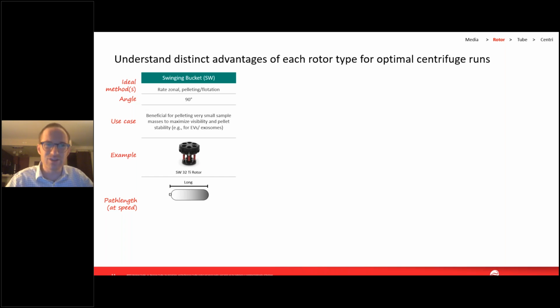These are best for rate zonal and pelleting runs, right? They have the advantage of being able to maximize the pellet stability because you can even use a conical tube and everything can be concentrated into just this small area at the bottom of the tube. Path length is how far the materials have to travel in the centrifuge, right? And it is long, right? Because they travel the whole length of the tube.